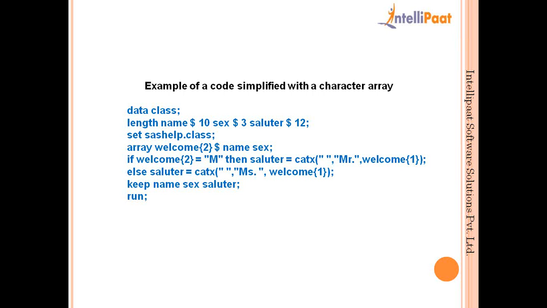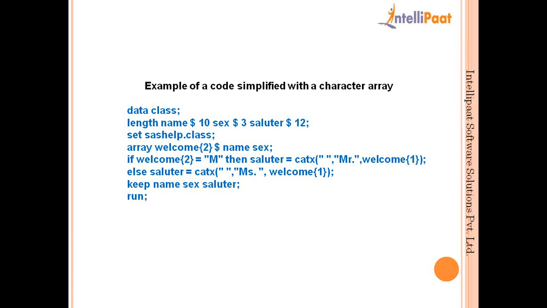Either way, the values in the temporary array are automatically retained. That is, they are not set to a missing value when the data step iterates. So temporary arrays are a very useful place to store values that you need during the execution of the data step.